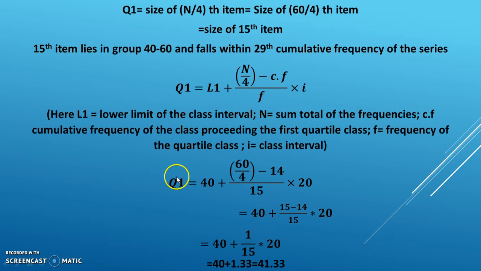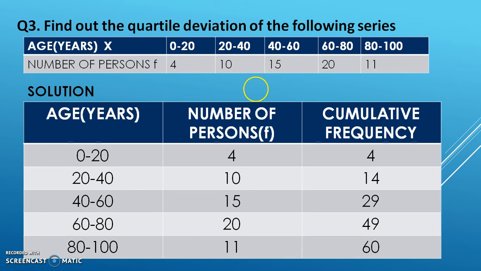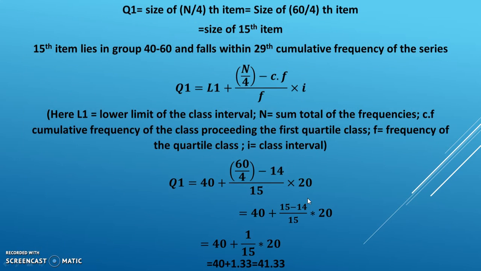In continuous series, first we'll find out the quartile 1 class. For that we'll use this formula: n by 4th item of the series, n is 60, so size of 15th item of the series. It will come here. This is the Q1 class.